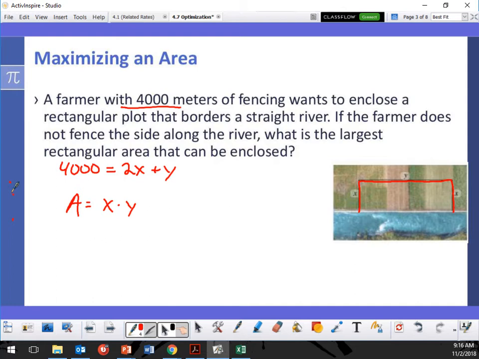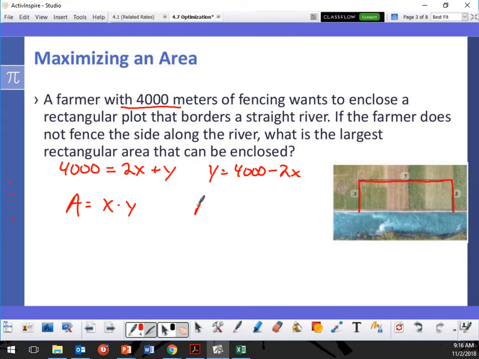Just look at the top. y is equal to 400 minus 2x. That one's pretty easy, right? All right, so now the next one.